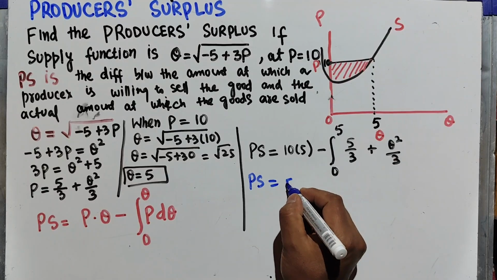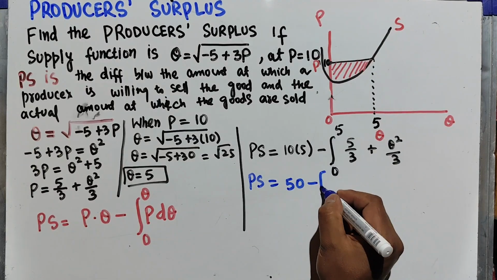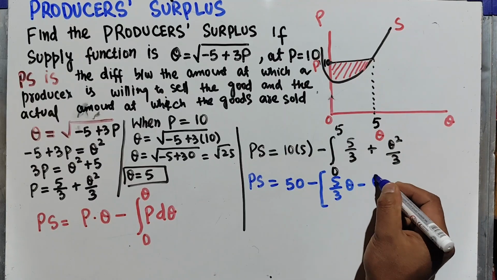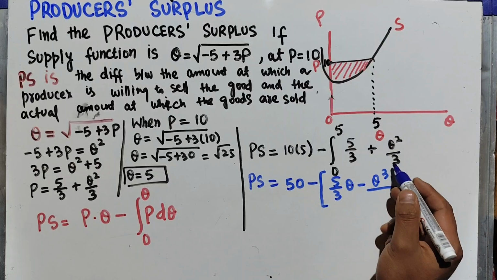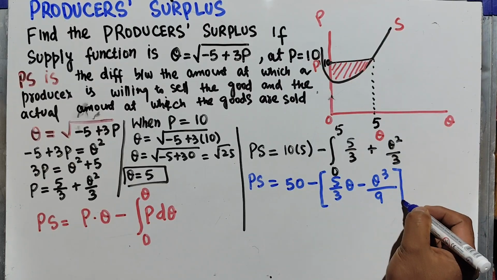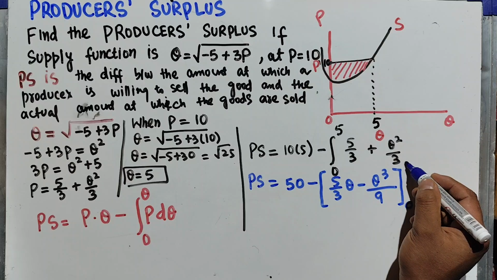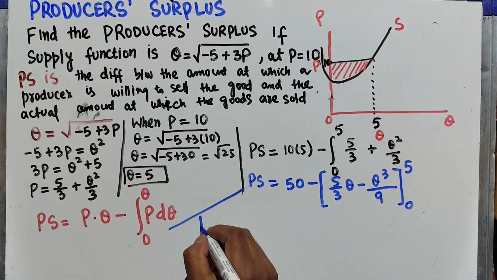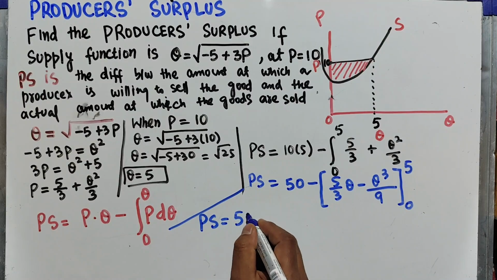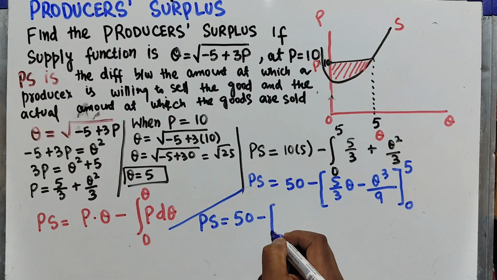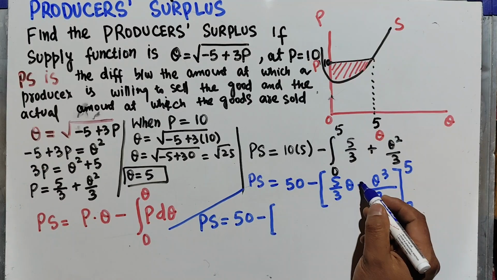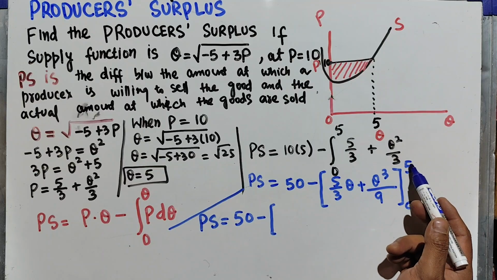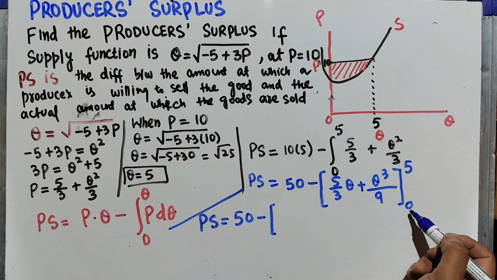So producer surplus will be equal to 10 5s are 50 minus the integral. Let us integrate: we get 5 upon 3 Q plus Q cube divided by 3 times 3, that is 9, and we evaluate it from 0 to 5. We evaluate these terms at the upper limit 5, then subtract the value at the lower limit.